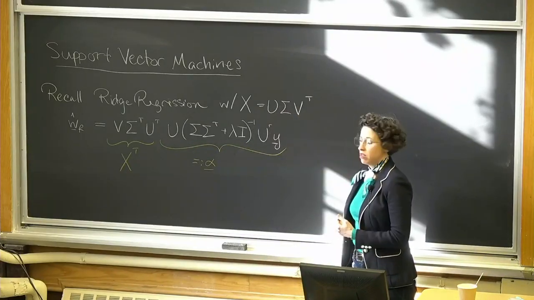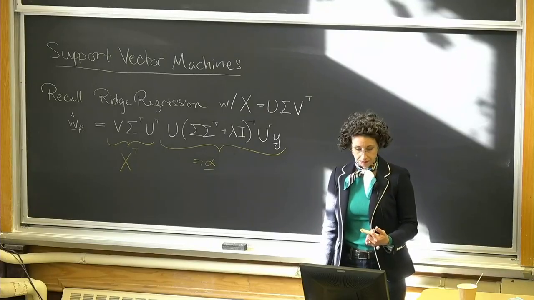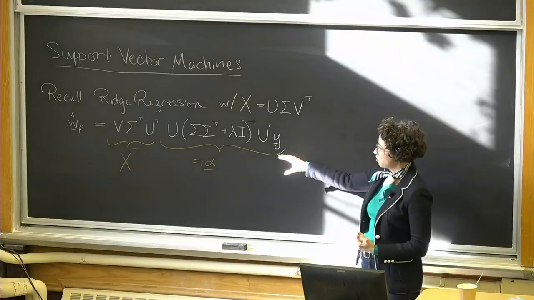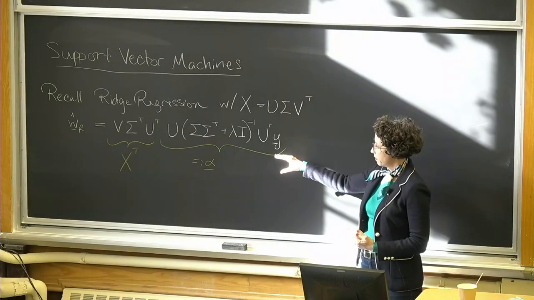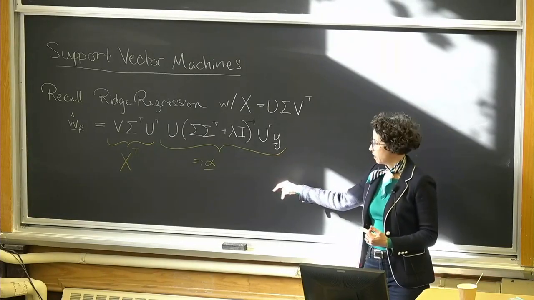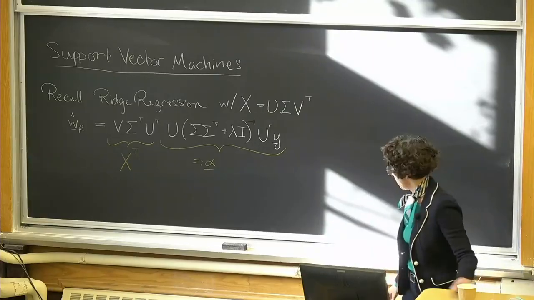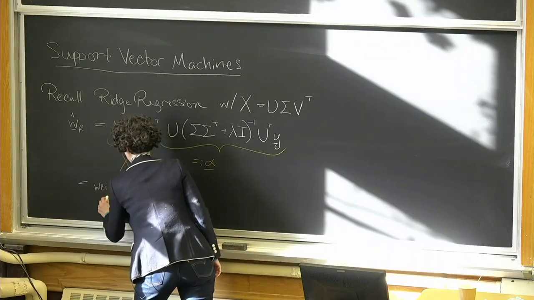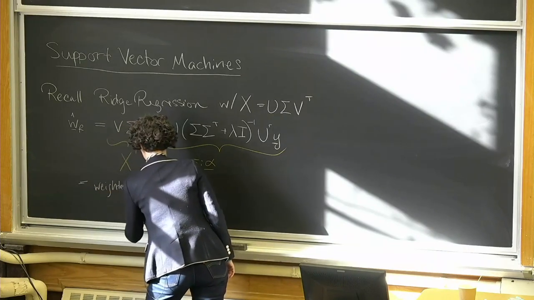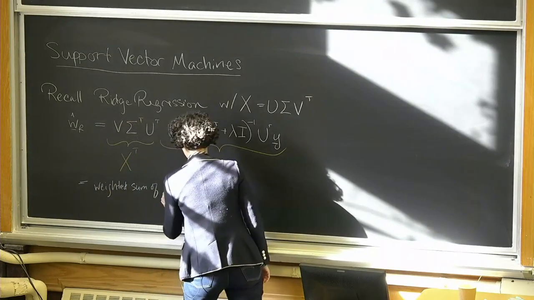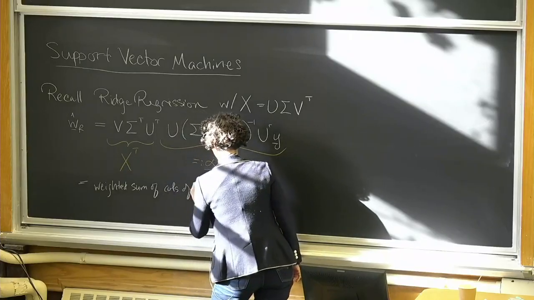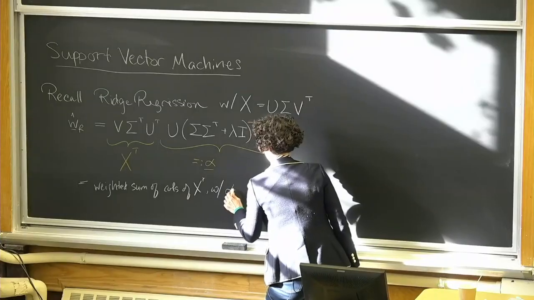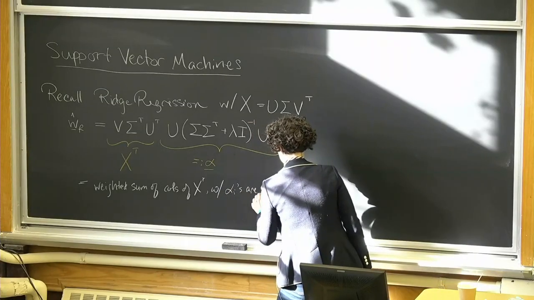Okay, so the other point that we talked about last time is that this representation of W hat R as X transpose times alpha tells us that this weight vector is equal to a weighted sum of the columns of X transpose, where the alpha i's are the weights.